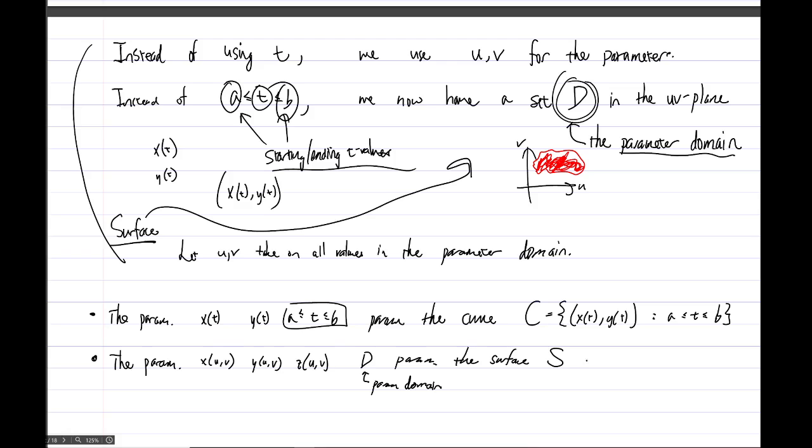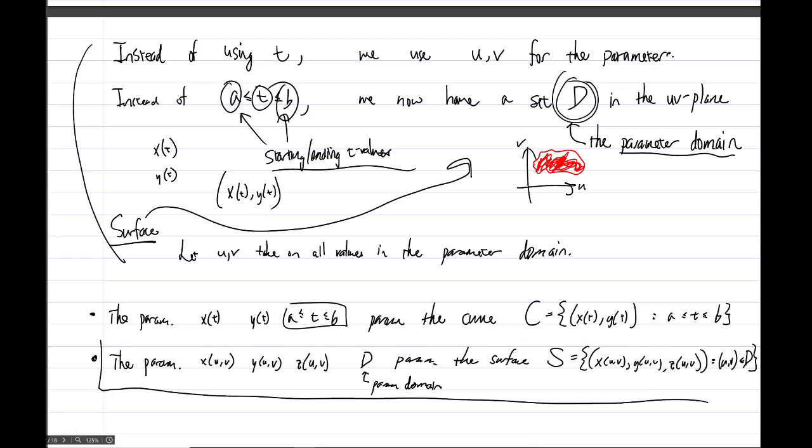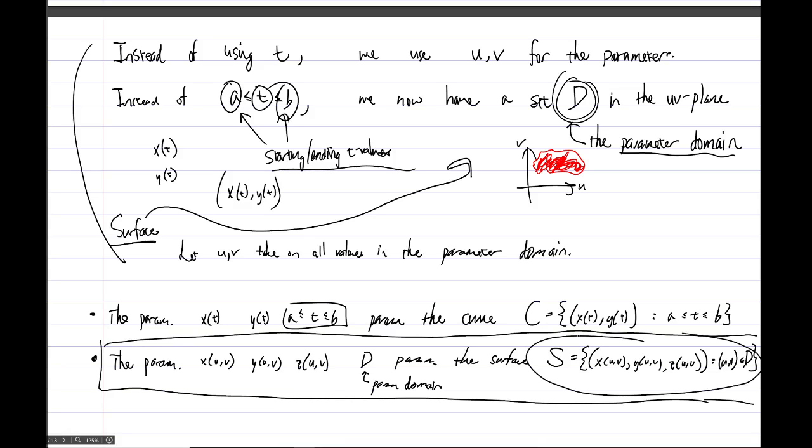We tend to use a capital S for surfaces. So this is the set of all points in three-dimensional space of the form x of u comma v, y of u comma v, z of u comma v, where the point uv in its two-dimensional space belongs to the set capital D. So we will work to understand what this really is doing. Again, not so much in this set notation, but we'll try to make sense of this.